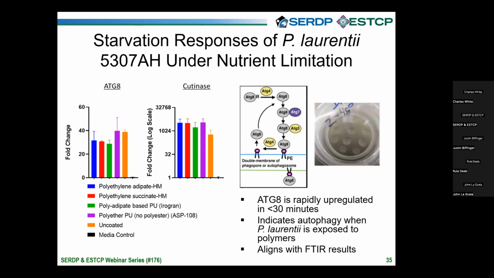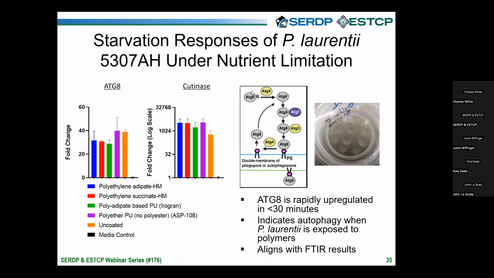We observed as early as 30 minutes after spotting the cells on every polymer surface, the upregulation of this gene and the upregulation of a cutinase gene, which we have now identified as being the primary hydrolytic protein secreted by Papillotrema laurentii. So even after 30 minutes, we see responses that are indicative of nutrient limitation and ultimately autophagy, which is leading to this hydrolysis.